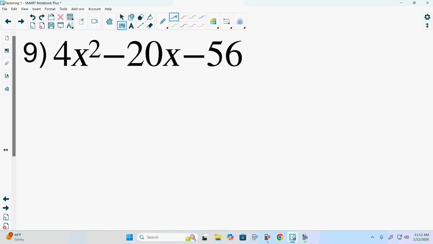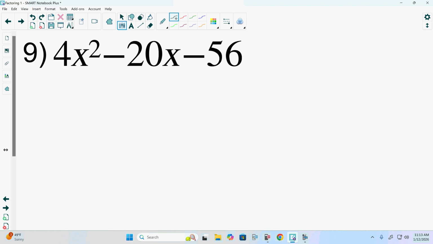Let's look at number 9. 4x squared minus 20x minus 56. So we need to find the greatest common factor between these three terms, if there is one. Because there's a 4 in front of x squared, it's telling me there's a good chance that there is, yes? Well, now we need to figure out all the possible numbers that can go into 4, 20, and 56. Well, we only have really 2 options.